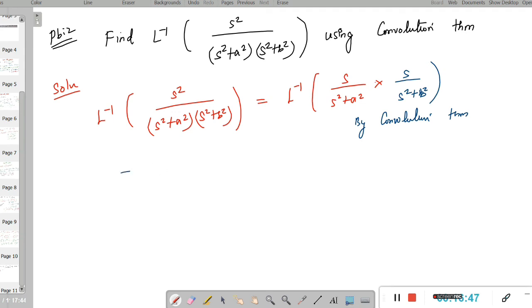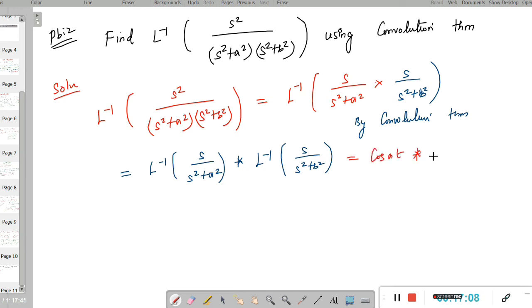So this is equal to L inverse of s by s square plus a square convolution L inverse of s by s square plus b square, which is equal to, by using L inverse, cos at convolution cos bt.